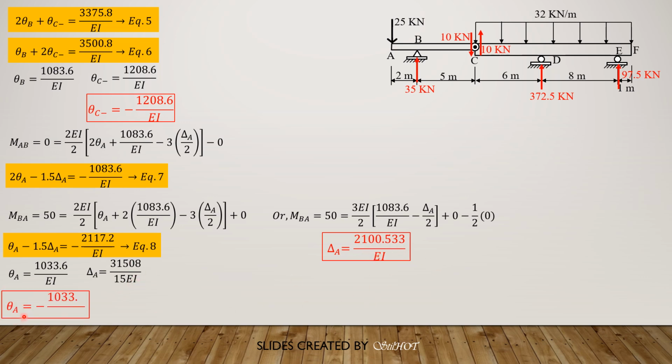Because theta A is clockwise, that's negative slope in the universal convention. So negative 1033.6 over EI, and delta A is positive 2100.533 over EI. So that's the solution to this problem by slope deflection equation.